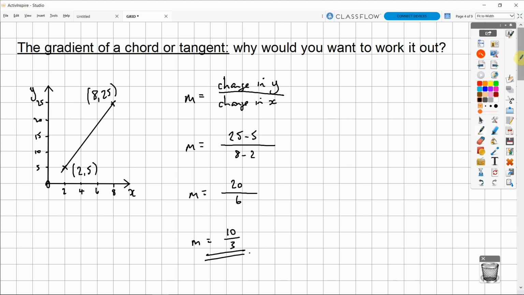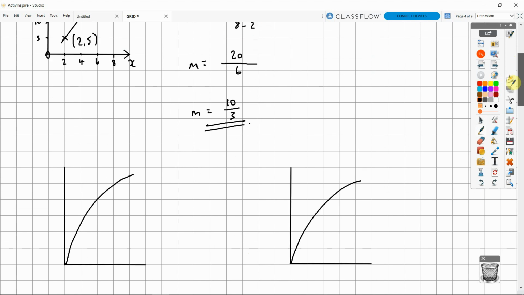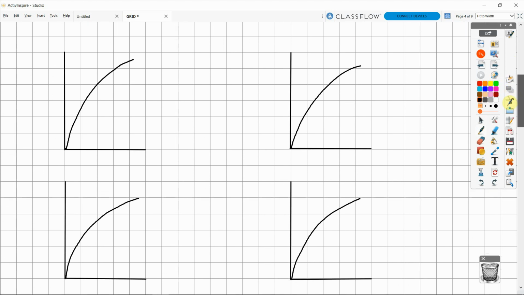Now let's think about why you would want to work out the gradient of a chord or a tangent. Over here, I think we will consider distance time graphs. And on the right hand side, we'll use velocity time graphs.